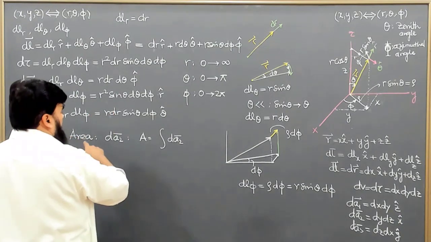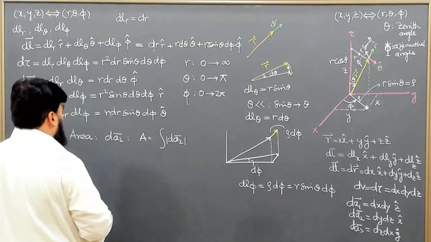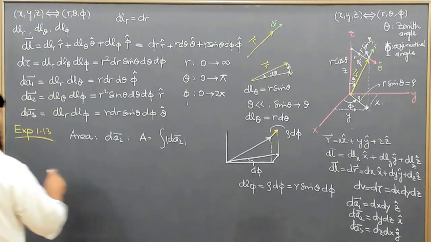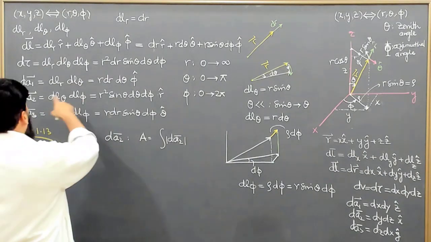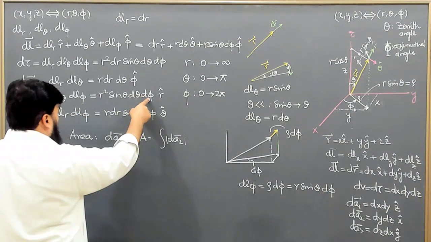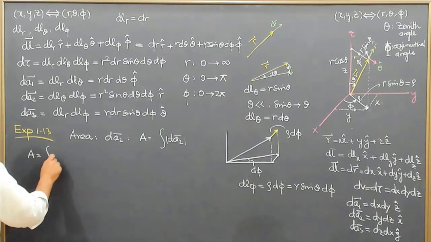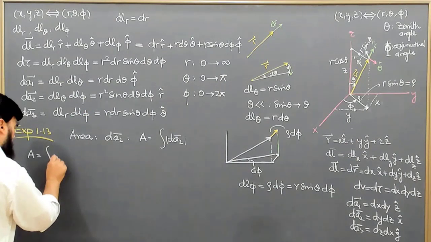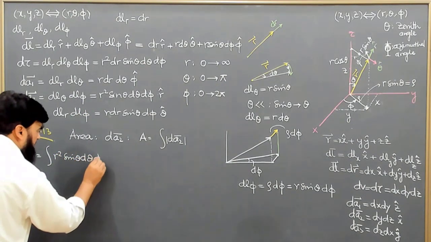I will only write the magnitude of this one; its direction is not required here, as we know it will be in the radial direction. Theta is changing and phi is changing, so we have two integrals, d theta and d phi. As we have r square, let me write r square sine theta d theta d phi here.